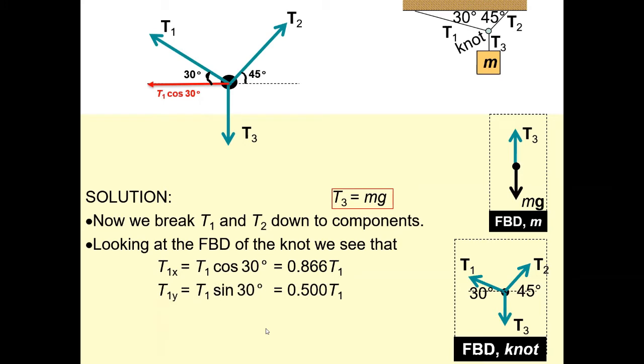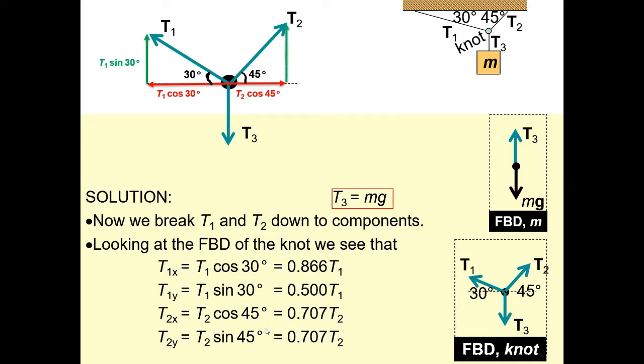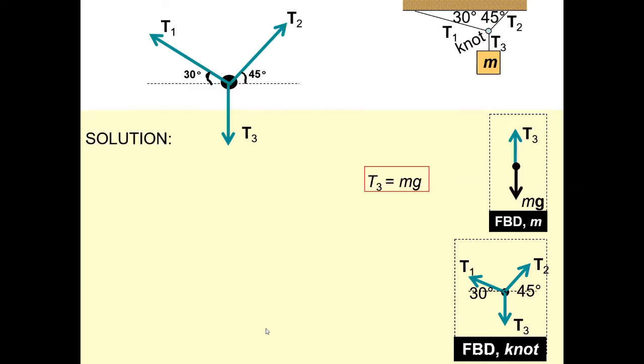The y component of T1 is opposite, so T1 times sine 30 degrees, which equals 0.5 T1. The T2 x component is adjacent, that is T2 cosine 45 degrees, which equals 0.707 T2. The y component of T2 is opposite, so T2 sine 45 degrees. That gives us 0.707 T2.